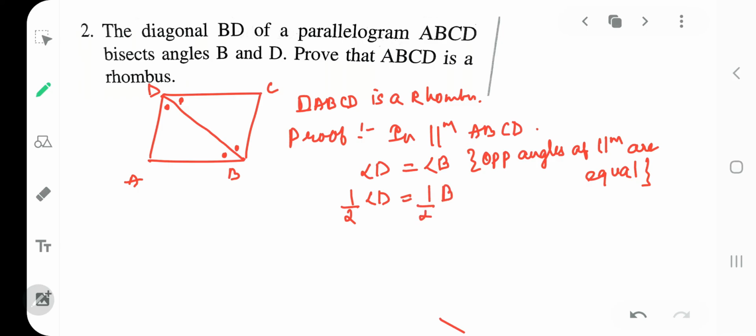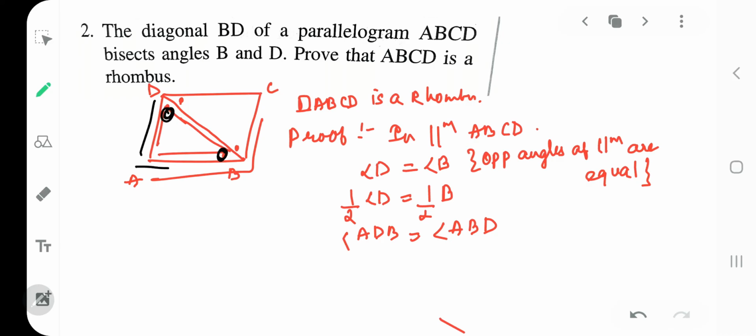Got my point clear? If I'm saying half of angle D, I can put this half as angle ADB, and half of angle B will be angle ABD. So ADB is equal to ABD.